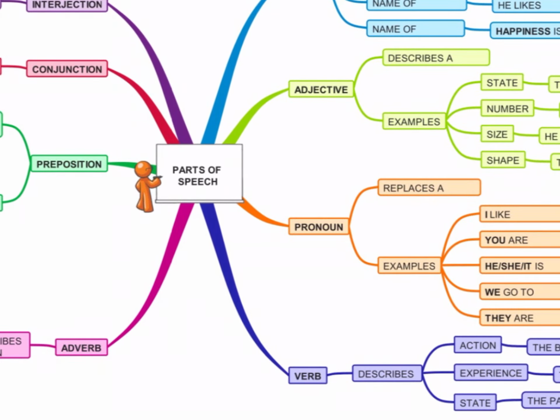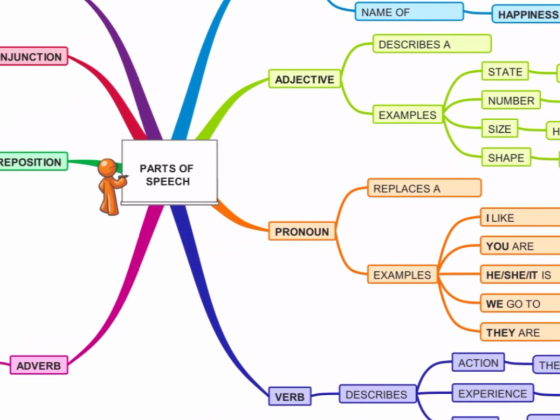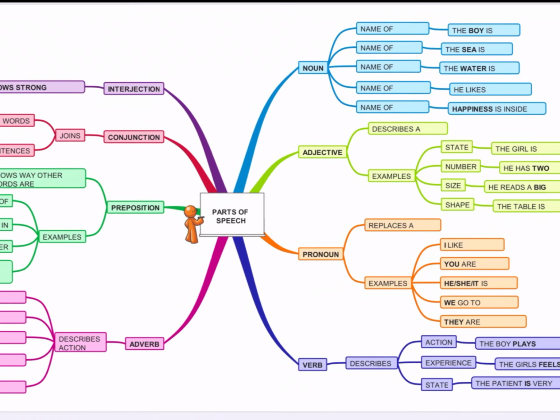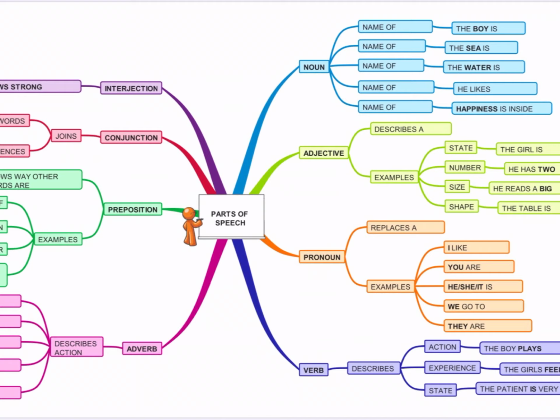Now moving along to pronoun. What's a pronoun? A pronoun is a word that replaces a noun. Replaces means it takes the place of a noun. It's instead of a noun.